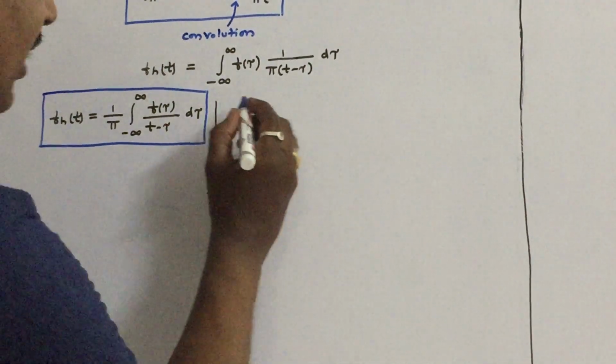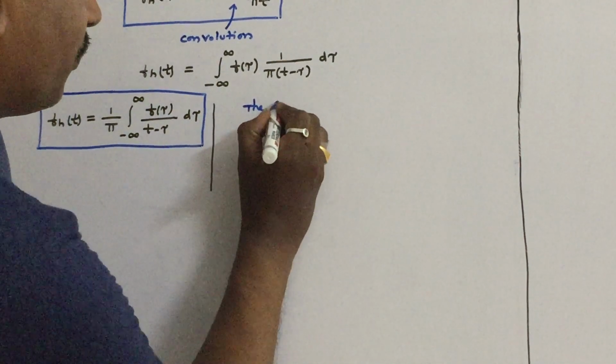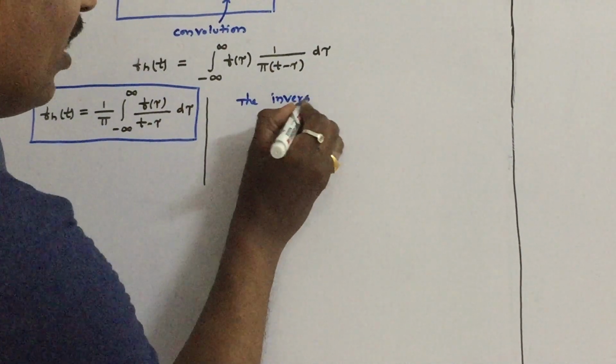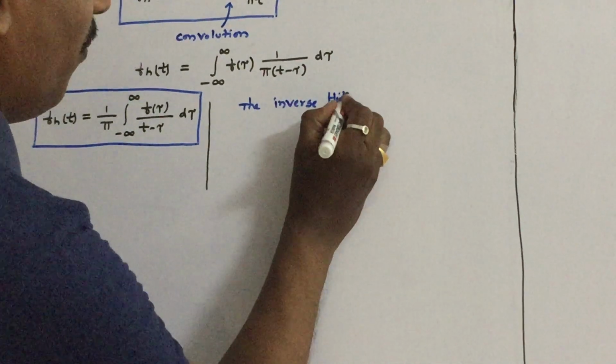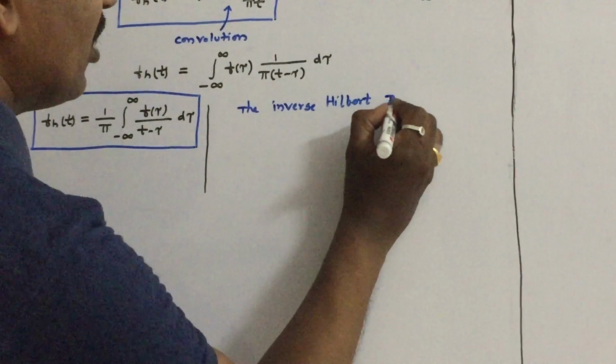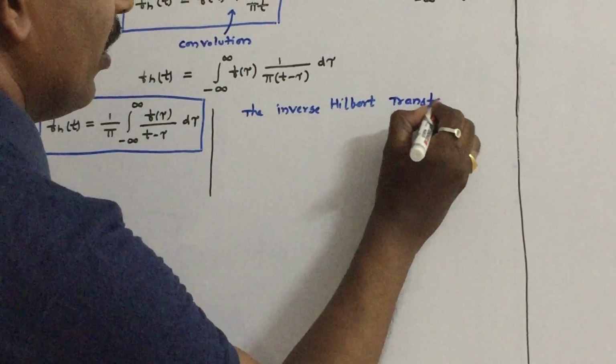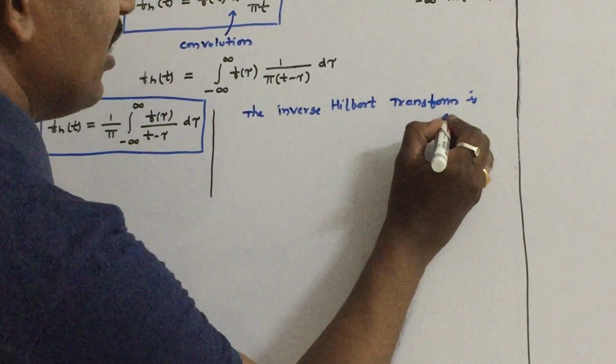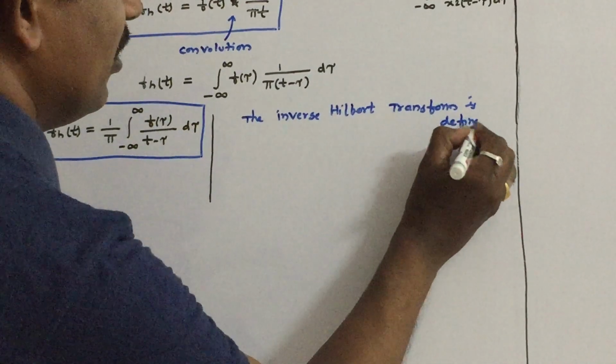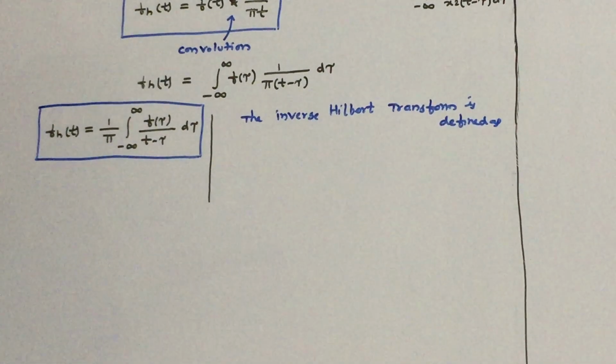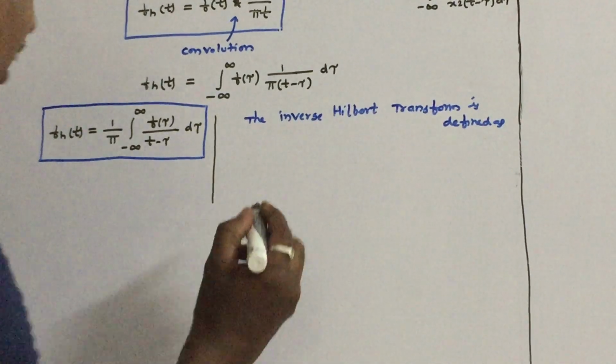So now let us see the inverse Hilbert transform. How is it defined, let us see. That means if you know f_h of t, how to calculate f of t?